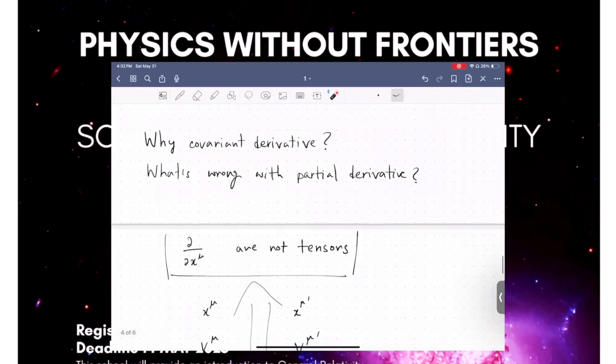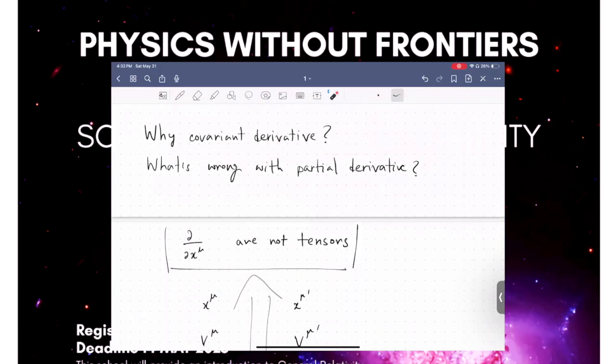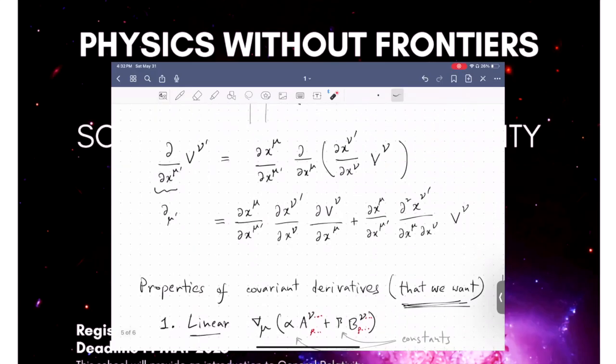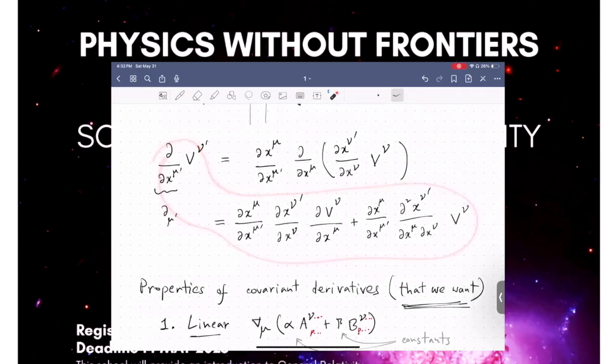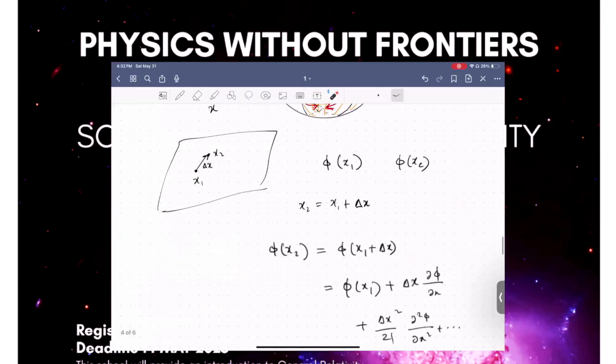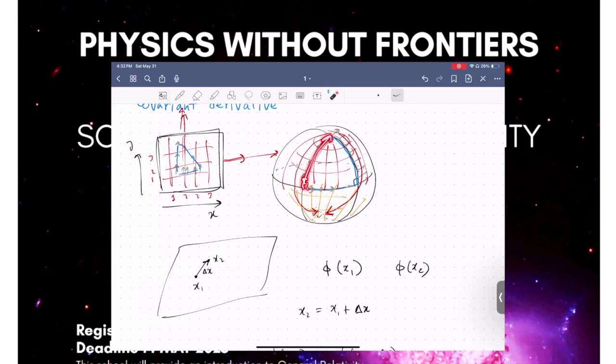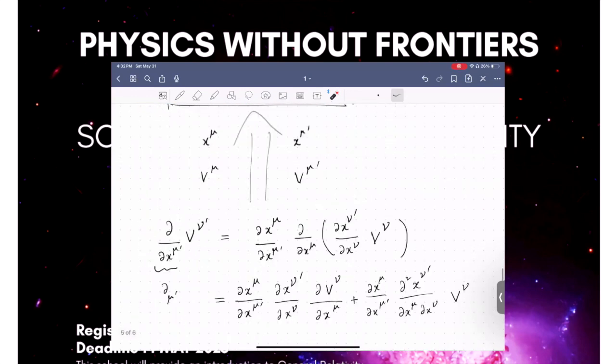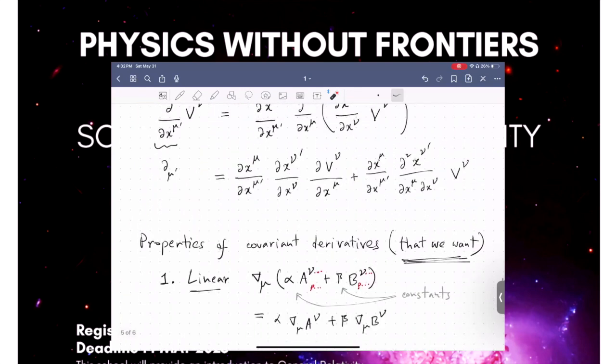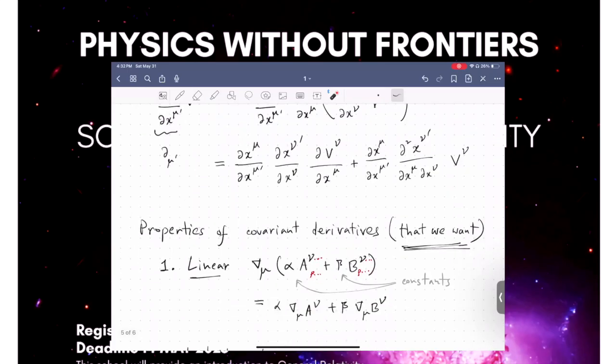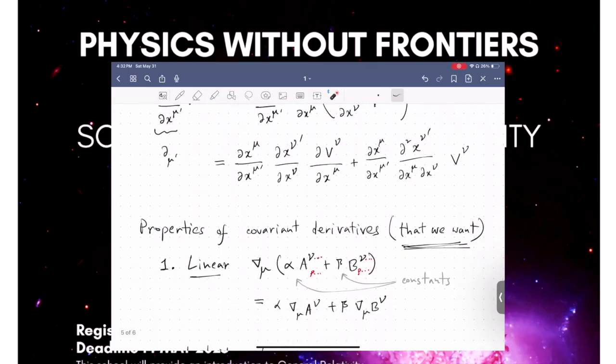And of course, we already have a notion of derivative called the ordinary partial derivative. But then we checked that it does not transform covariantly like a tensor. So we need a different notion of derivative that we can use to transport things first infinitesimally and then at a finite distance. And furthermore, that also transforms like a vector. That's where I'm coming from. So I want to be able to differentiate things, and I want derivatives of things to behave as tensors. I mean, derivatives of tensors to behave as tensors.